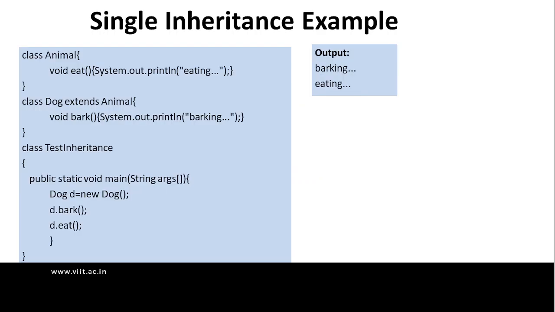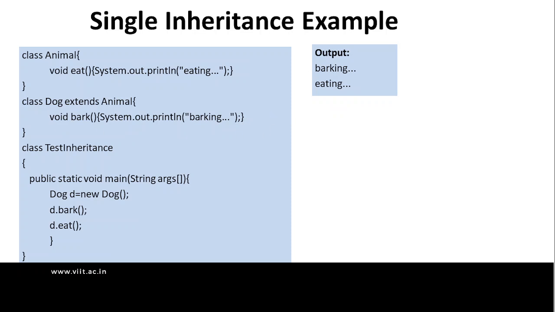Single inheritance. For example, Animal is a class with a method eat, System.out.println eating, so that all animals can eat. Class Dog extends Animal means it gets the eating process. Out of all animals only a dog can bark, so the additional property of Dog is barking.